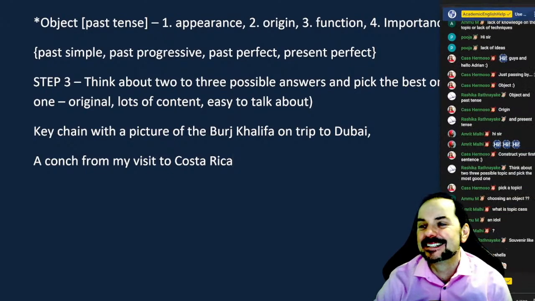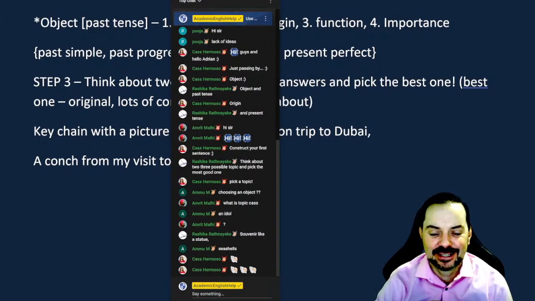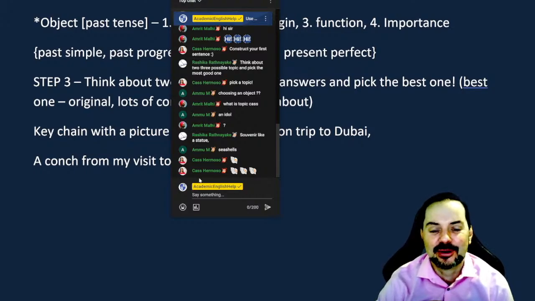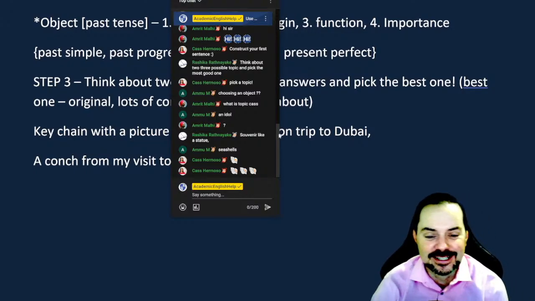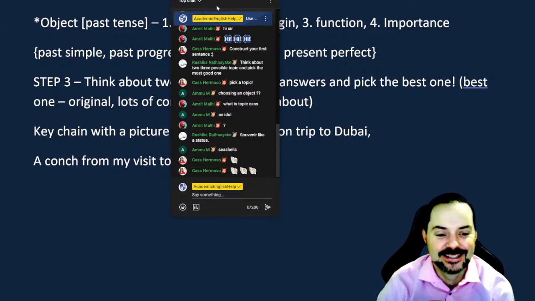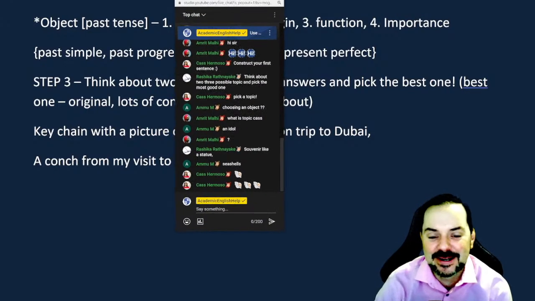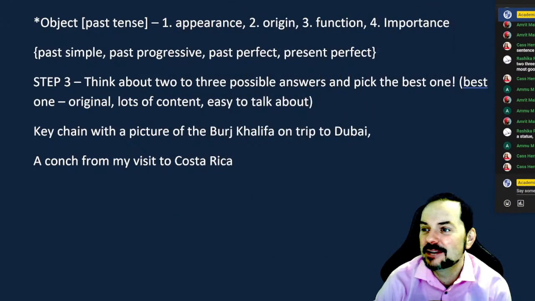Nice, Cass. Thank you for that. So if you look at Cass's comment there, you can probably even see it when I bring it up here. You can see the little conch emojis. That is a conch indeed. Some people call it a conch, but I believe the right pronunciation is a conch. Okay, and that's kind of a fun one.